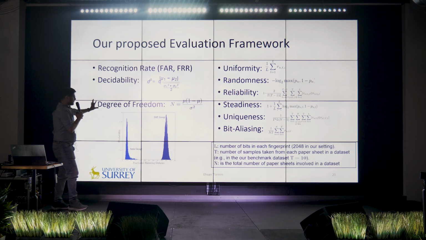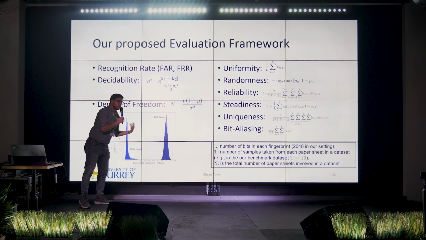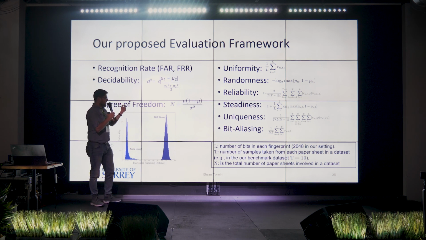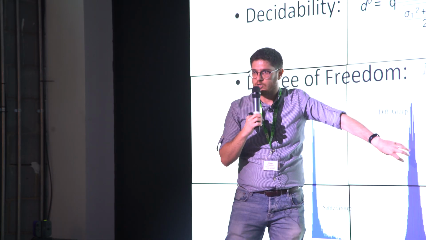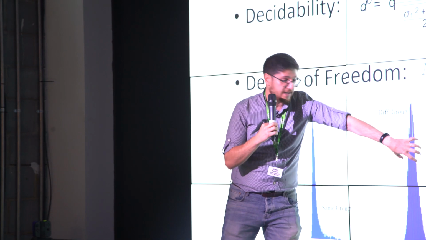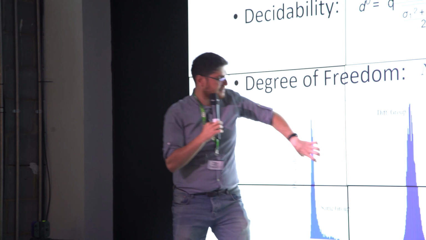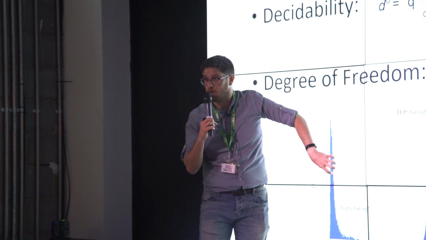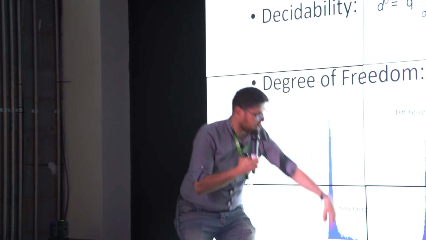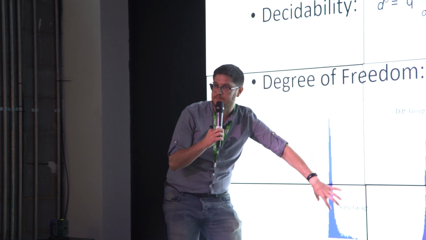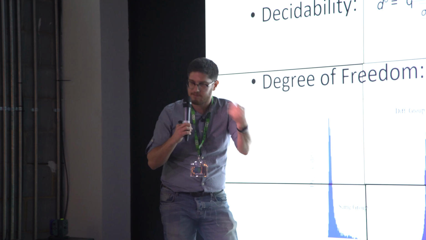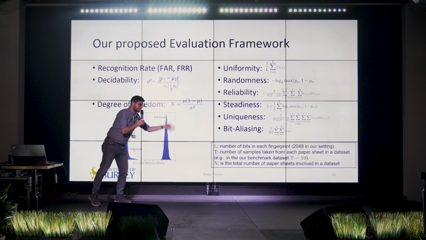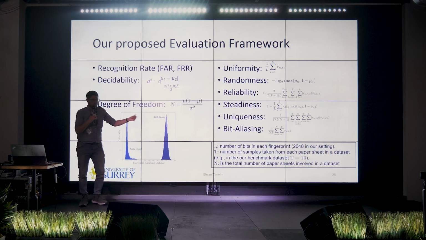The first is we looked into the proportion of similar bits, or the similarity of the fingerprints. So basically, if a curve is accumulated over here, that means the fingerprints belong to the same sample, and this basically means they belong to a different sample.